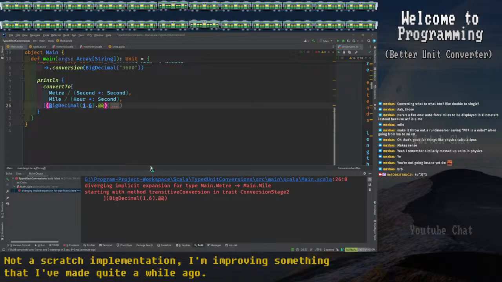Oh, no. We have a problem. It diverges. That's not good.